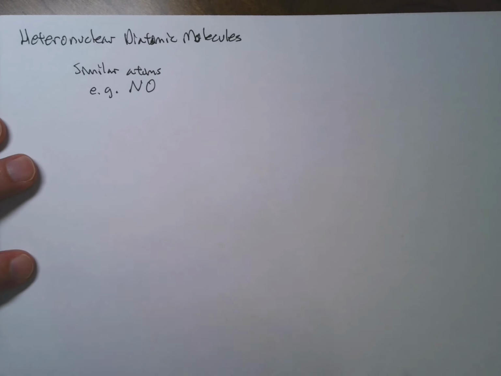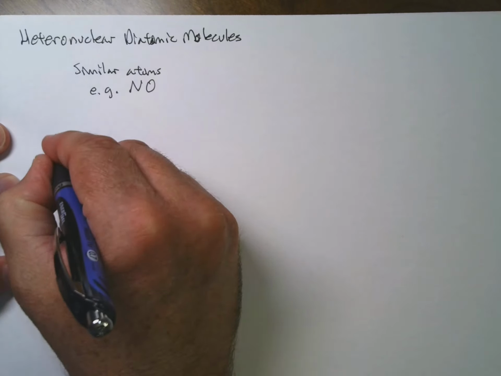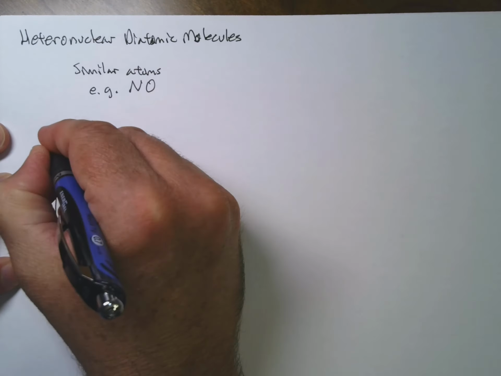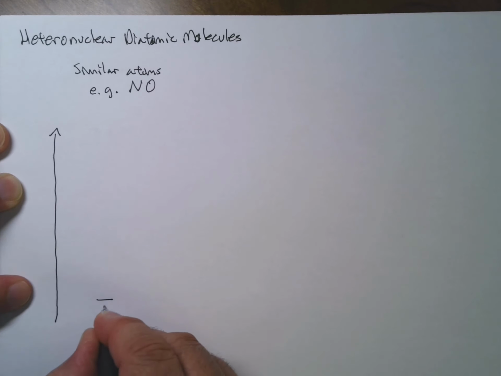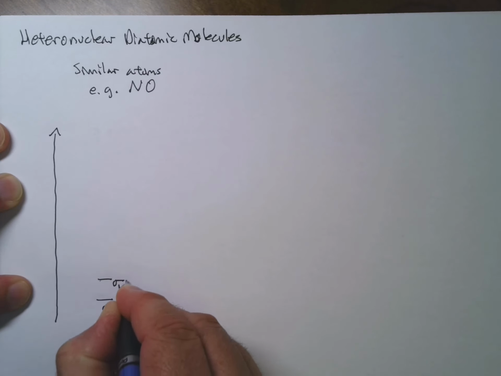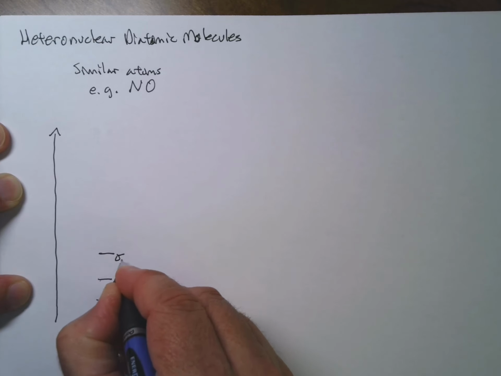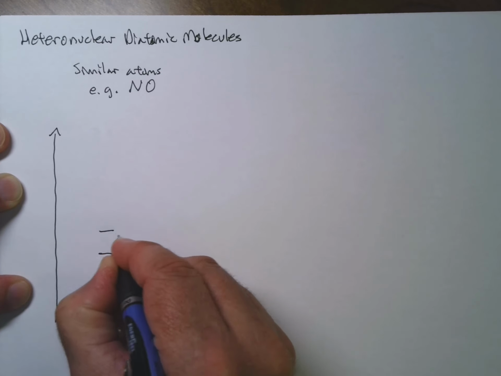So the closer they are in the periodic table, the more likely they are to have the same looking molecular orbitals.